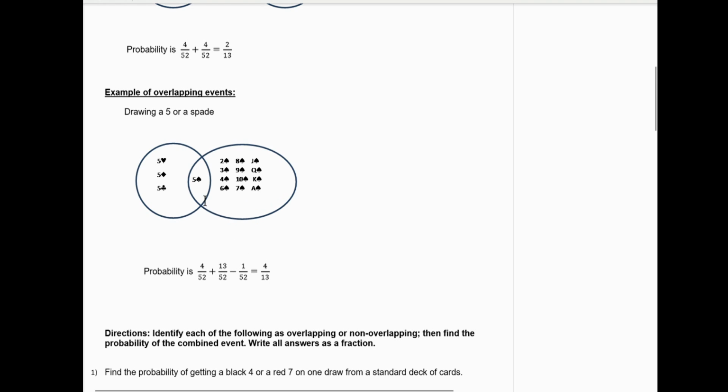I have counted it in this circle when I counted it as a 5, and I counted it over here in this oval when I counted it as a spade. So since I've counted it twice, I have to subtract that off once, and so get rid of that overlap. And so you find the two probabilities, add them together, and subtract off the overlap.